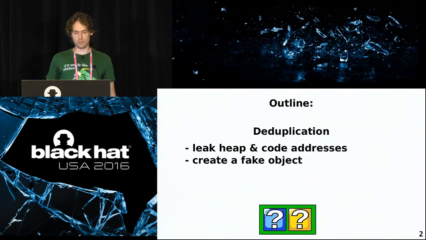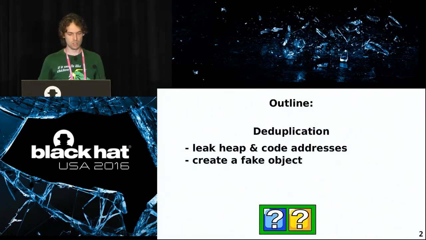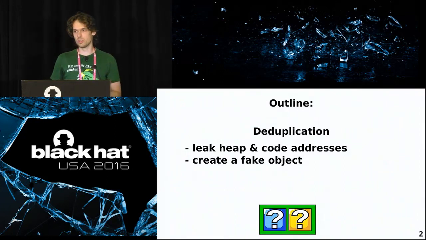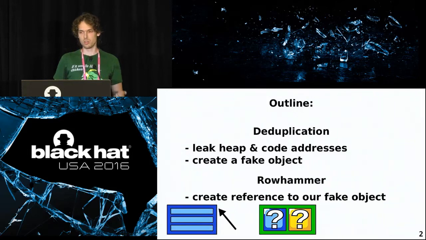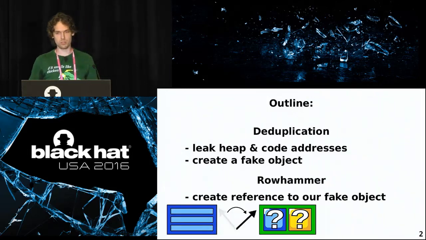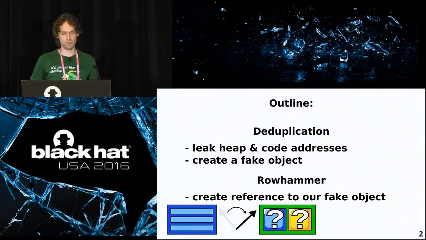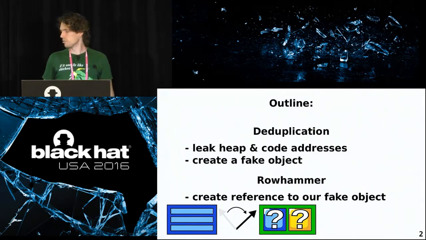This will be enough for us to craft a fake object, but the object will still be in our data, so we don't have a reference to it. So we will use Rowhammer to create a reference to this object, and this will enable us to get an arbitrary read-write primitive from there.